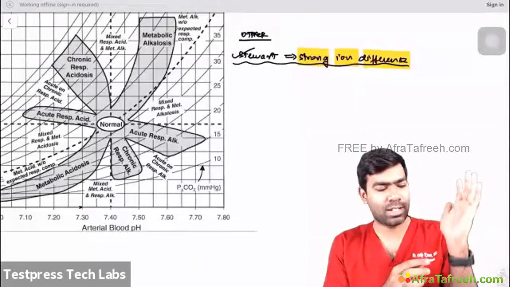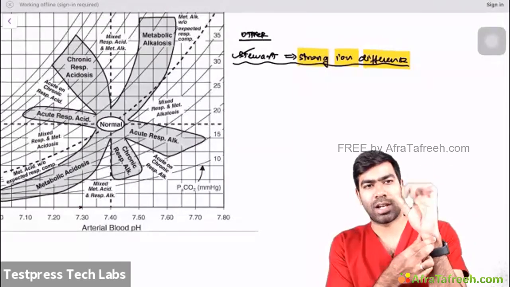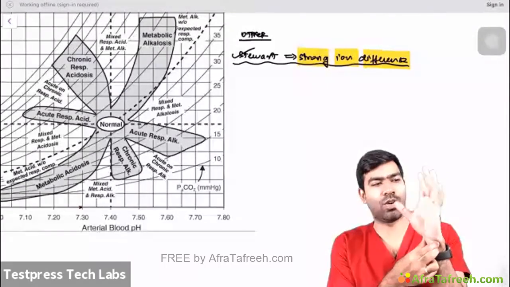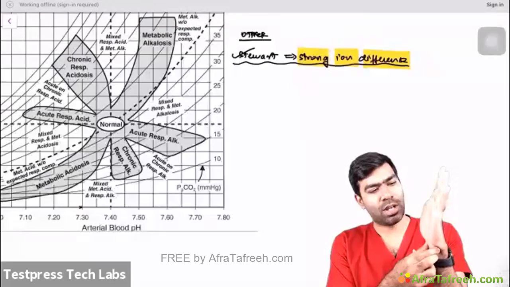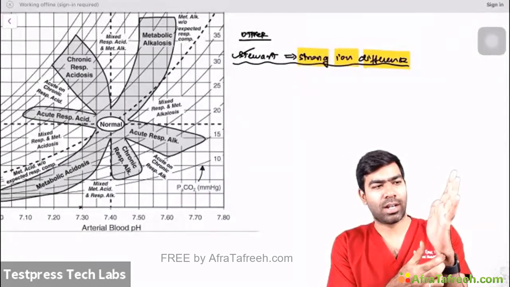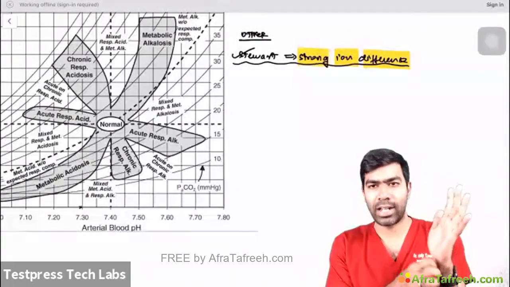For example, in the original Allen's test, you press both the ulnar and radial vessels, and you ask the person to alternately close and open the fingers to and fro like this. Now first you release the radial artery and see. If the redness comes back, it means the radial artery is patent.